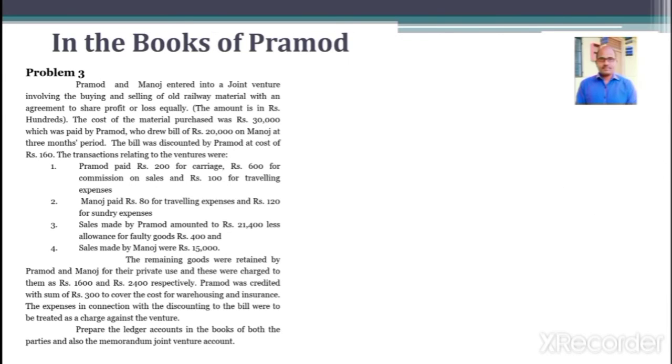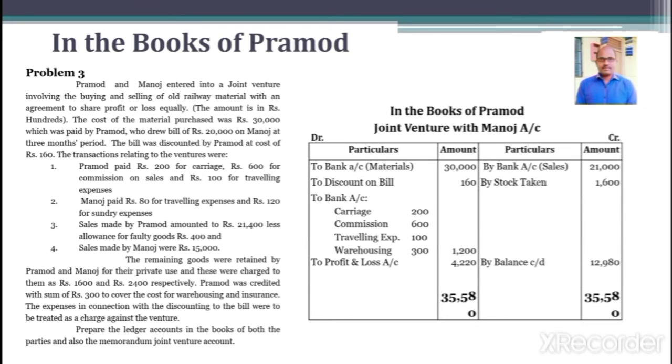Next, we will see how these transactions are recorded in the books of Pramod. In the books of Pramod, joint venture account with Manoj account. On the debit side, you can see the expenditures incurred by Pramod are recorded directly by bank account.